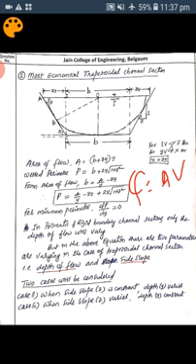The only variable parameter is the depth of flow. The perimeter depends upon the depth of flow, hence the perimeter should be differentiated with respect to y. When we differentiate with respect to y, we get the conditions for most economical channel sections.